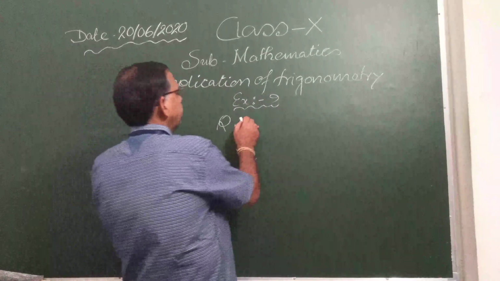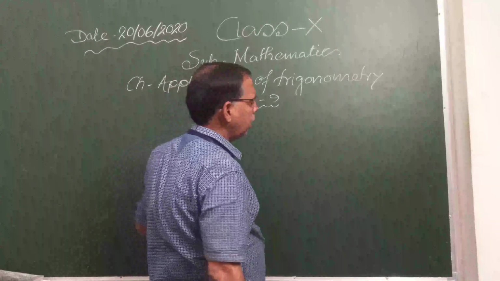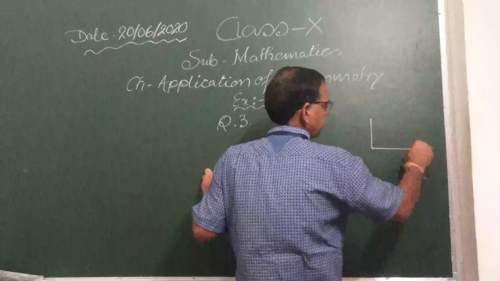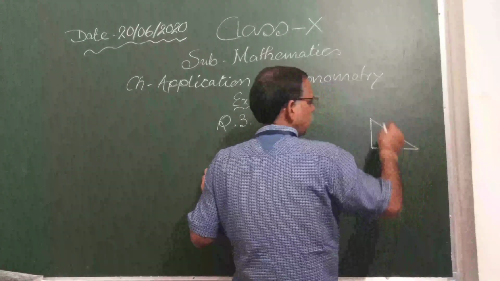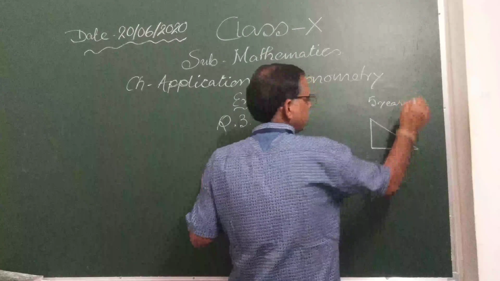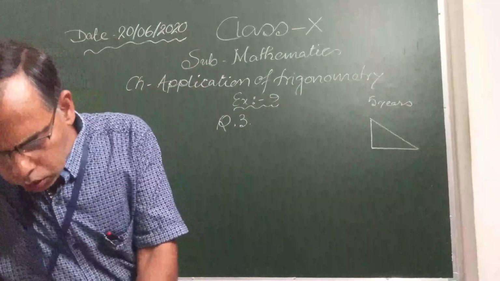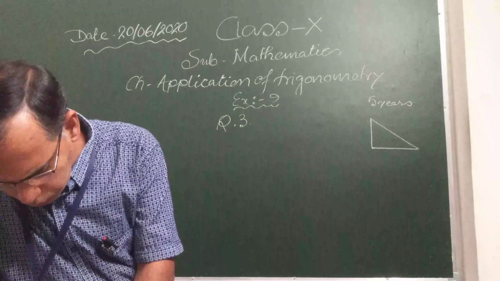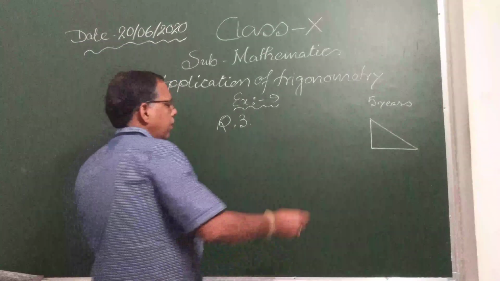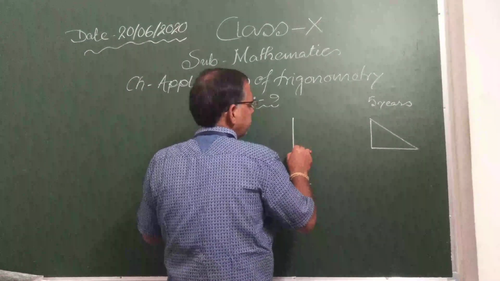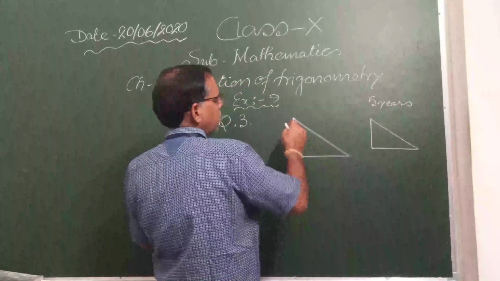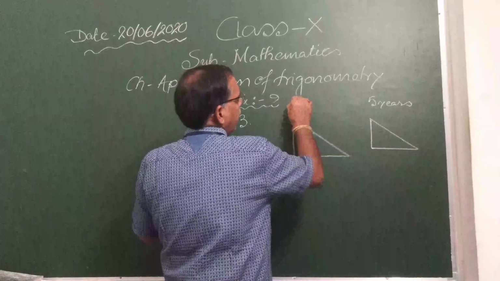Question number 3. Same. 1 slide. This is below 5 years. Another, how much was told? And whereas elder children, that means this is greater than 5 years.